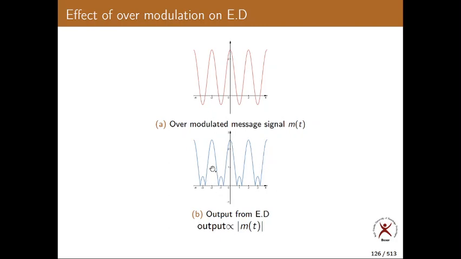That is not a faithful recovery. That's why we cannot demodulate your AM signal using the ED whenever the modulation index is more than 1. That is one of the drawbacks of AM. Demodulation is not possible when it is over modulated using the ED.